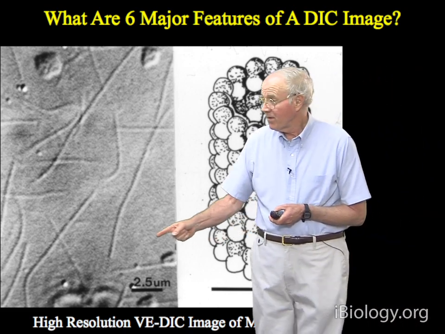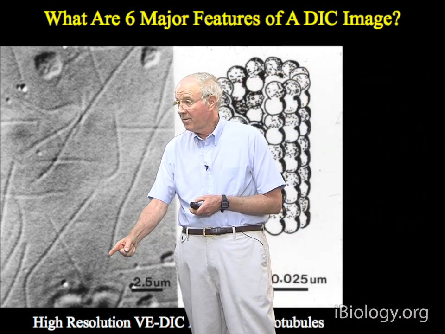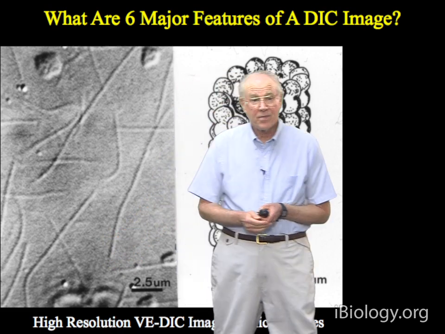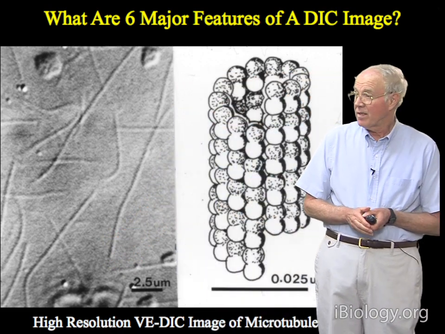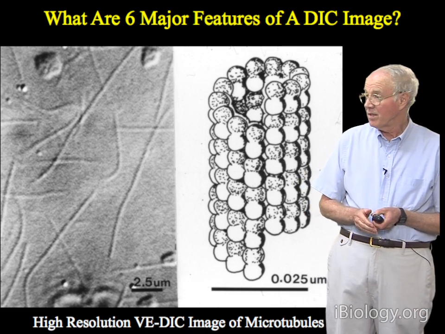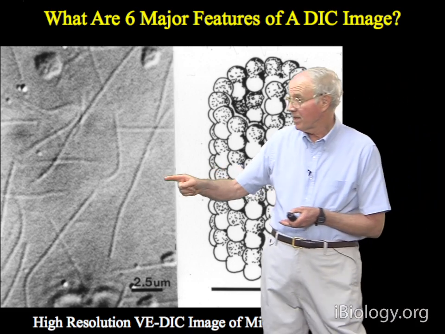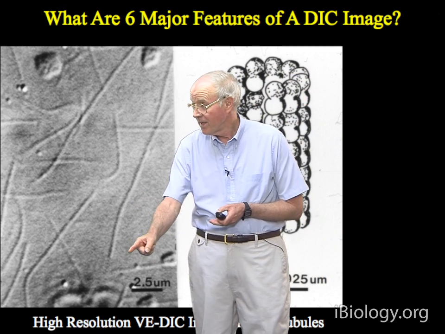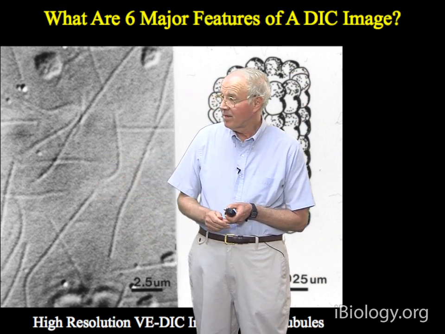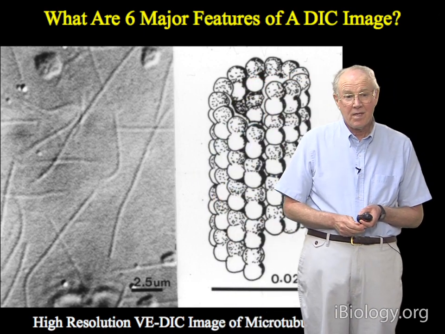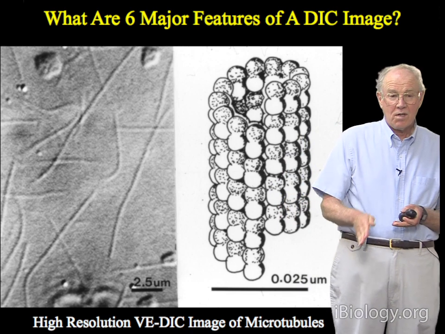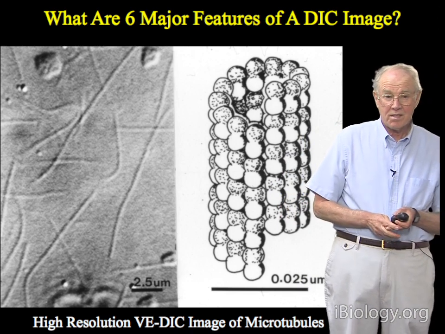One side has a bright spot, the other side has a dark spot. And if you look at each one, they all have a light and dark spot lined up in the same direction. And that direction here is roughly running from about 10 o'clock to 4 o'clock, the axis that bisects the light and the dark spot. And that direction is called the shear direction of a DIC image.